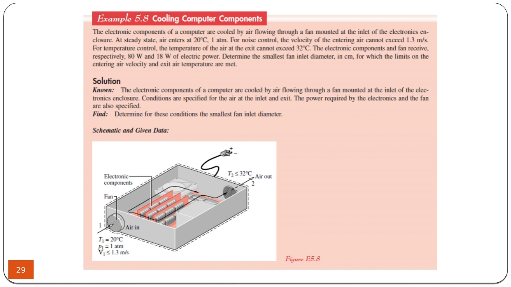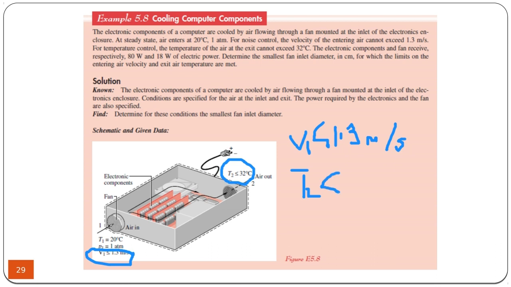So this is one criterion. The air incoming velocity must be less than 1.3 meters per second. And also it says that the exit air temperature should be less than 32 Celsius. So these are the design criteria.